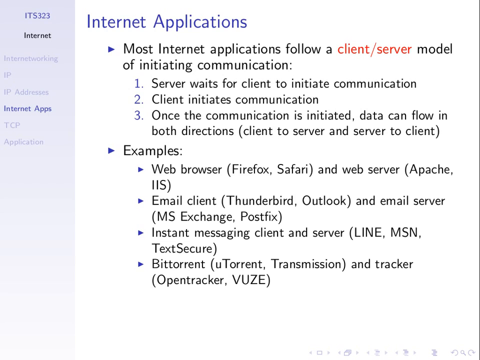It contacts some server to initiate communications, to maybe find out who to send the message to. Even peer-to-peer file sharing applications use a client-server model in that one of the applications acts as a server that sits and waits and listens, and the other application initiates the communications. That's the client. And there are many other examples.